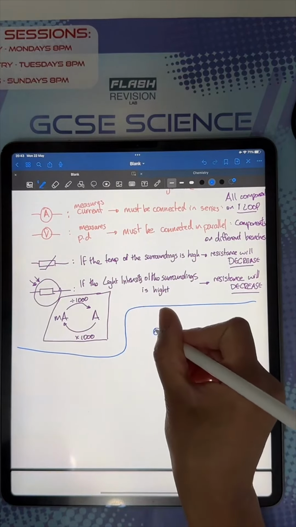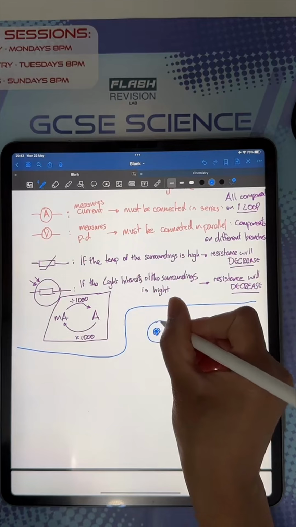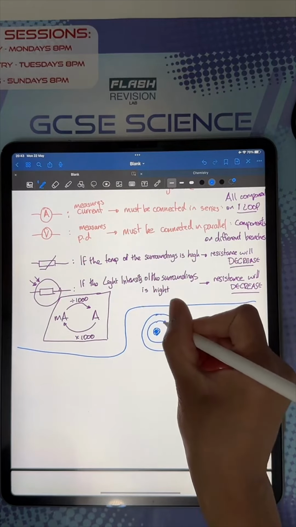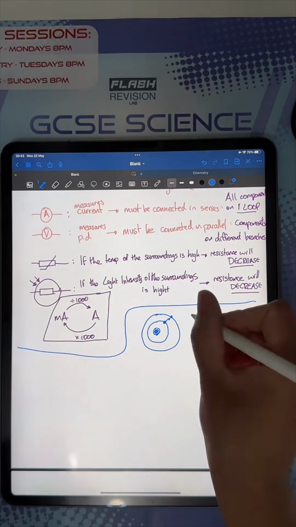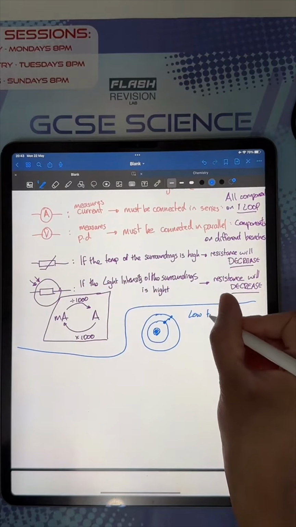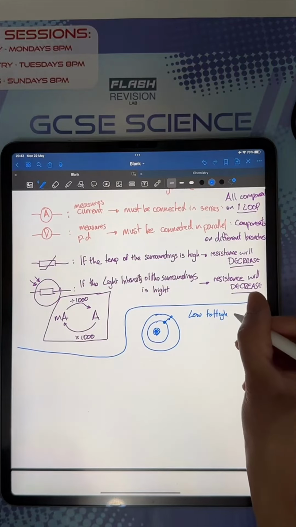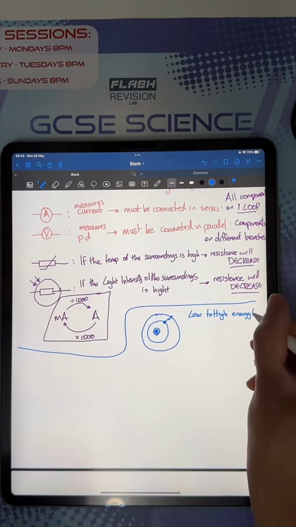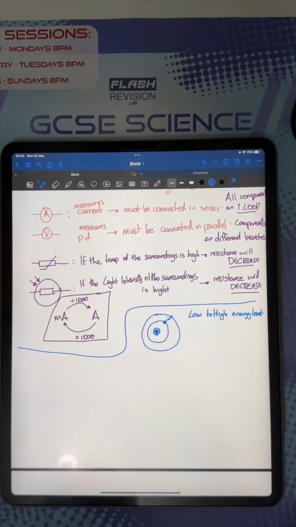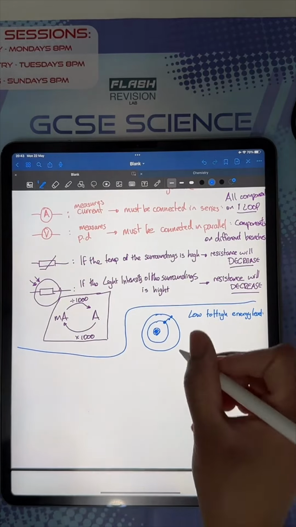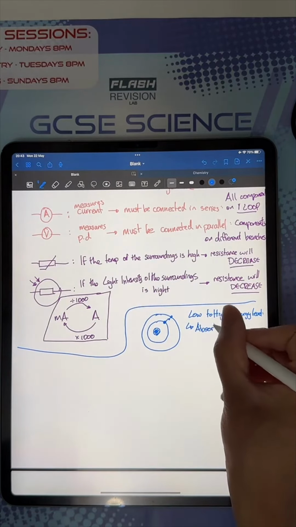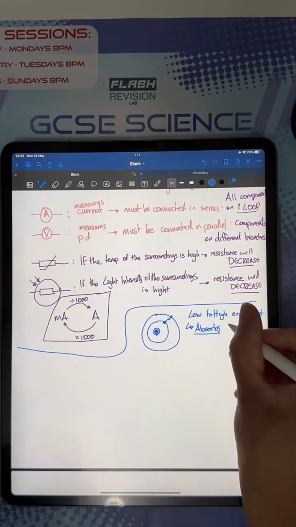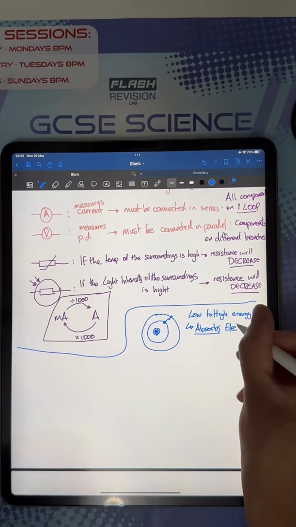But if you want to go from a low energy level to a high energy level, so this electron, if you want to move it to this high energy level, that electron needs to absorb electromagnetic radiation. You can't, it's not heating, no. Has to absorb EM radiation. Let me write in full.